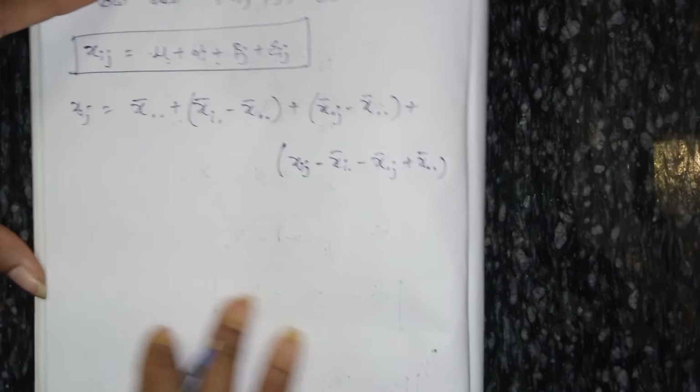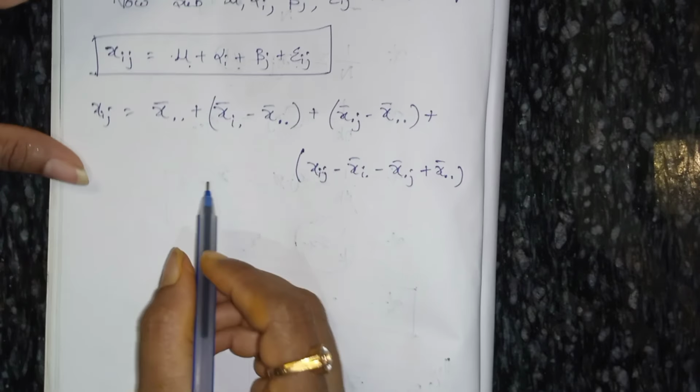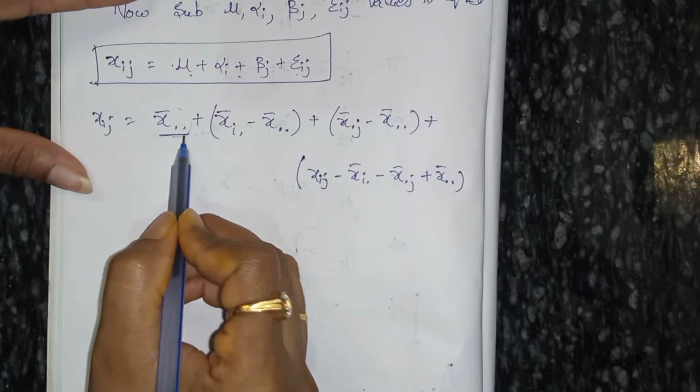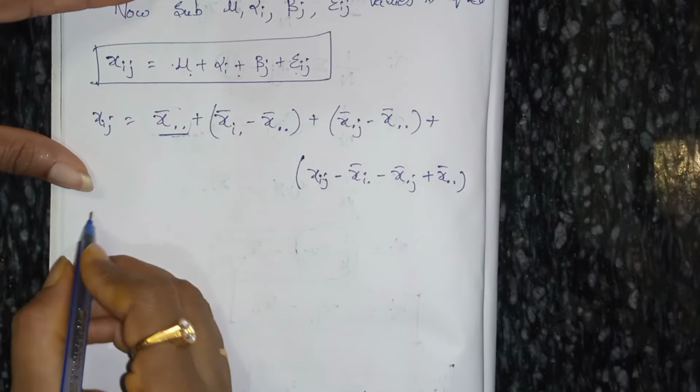So now what we are doing is taking only this value from RHS to LHS.